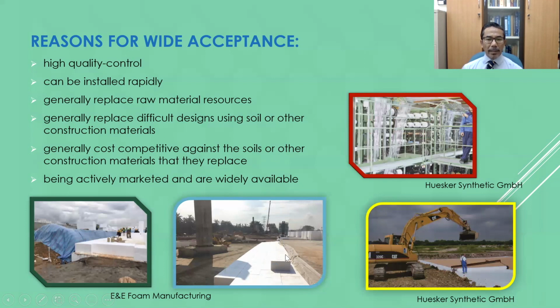However, in the long run, taking into consideration the cost for maintenance and repair, using geosynthetic materials could be cheaper than using natural materials like soil, sand, or gravel, because as I mentioned previously, the properties of these geosynthetic materials, which are based on the plastic industry, the deterioration of this material could be very, very small or can be neglected as compared to the properties or deterioration of soil or natural materials.